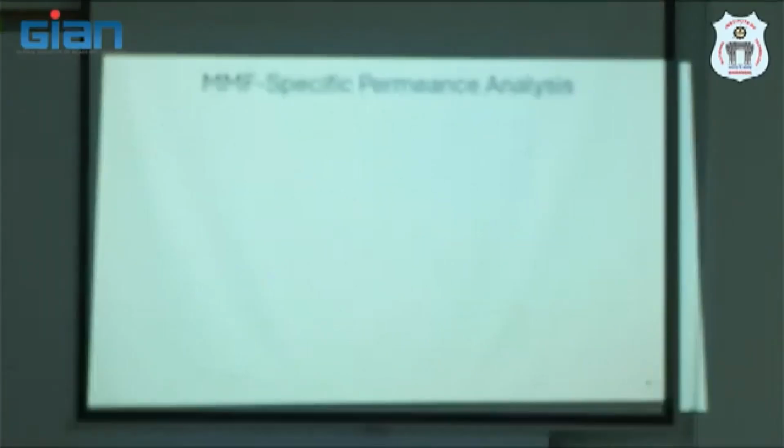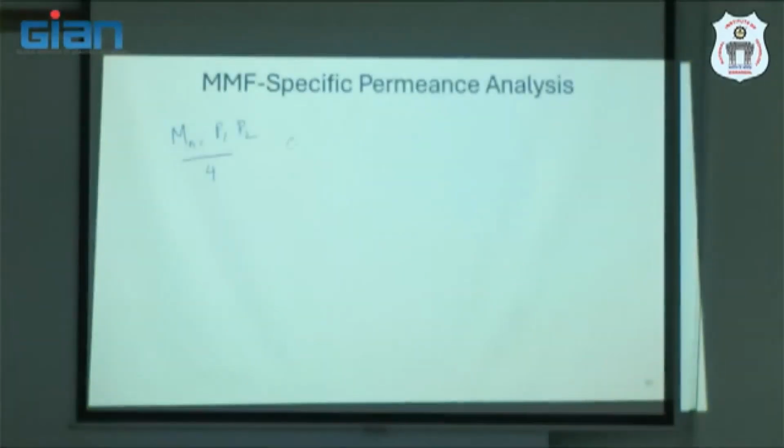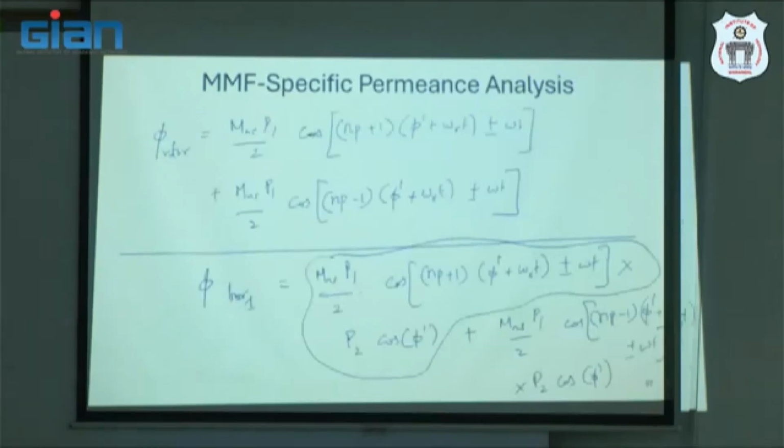So what I will have is minus P1 P2 by 4 cos[(np plus 1) phi dash plus phi dash plus (np plus 1) omega t plus or minus omega t]. I hope you are able to get this.